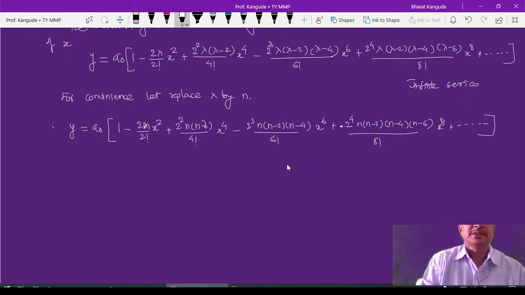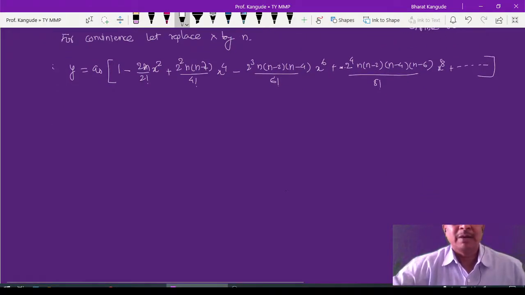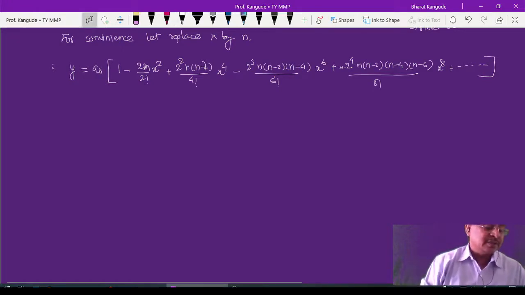So this is how I replaced lambda by n, and this infinite series has been written there.